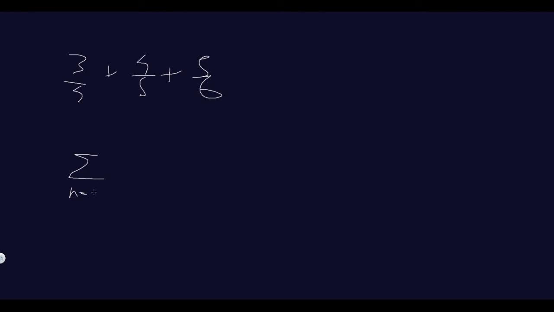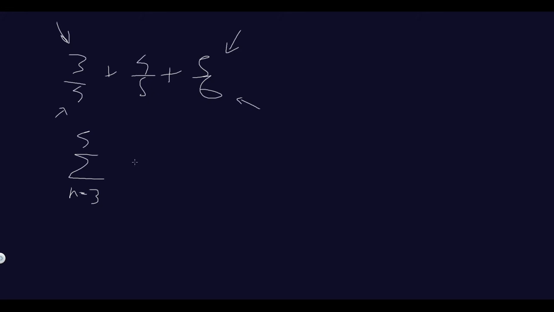So if we hypothetically said that the lower limit is 3 and the upper limit is 5, why would that make sense? Well, that would make sense because the first term here is 3 and the last term here is 5. Then again, we can also start at 4 and end at 6, but that would be much more difficult. Why? Because our denominator can be listed as a number that's above the term number, for example.